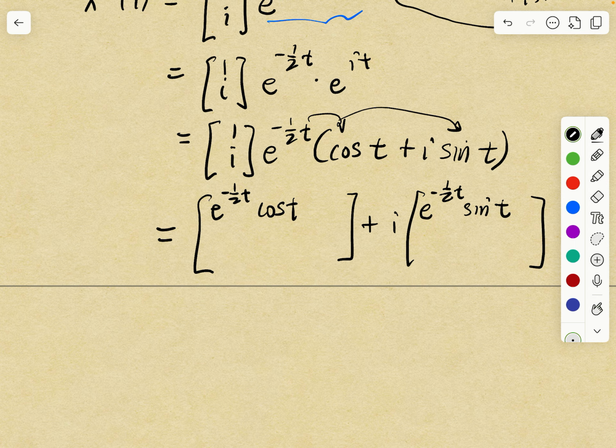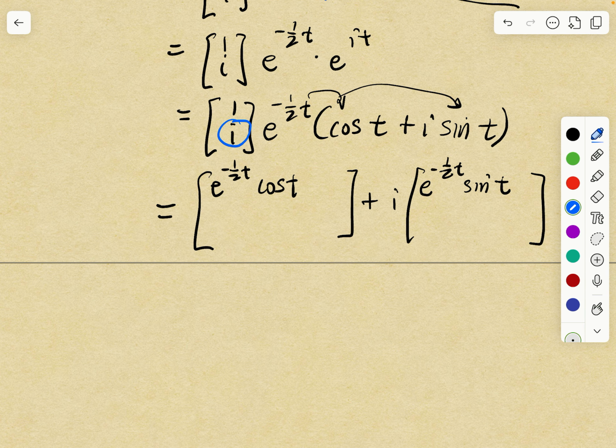So that's the top, and then on the bottom, I have this i here. So on the bottom, my real part is going to be, this i here is going to be multiplied by this i here, and then you're going to get -1. So I have this -1, and then I have this e to the it, which is being multiplied by sine t. So I end up getting -1 e to the -1/2 t times sine t.